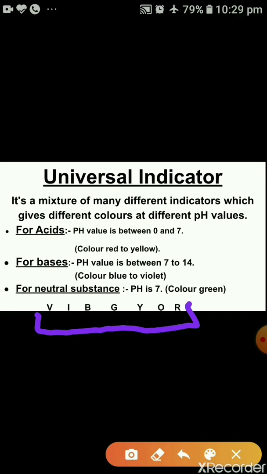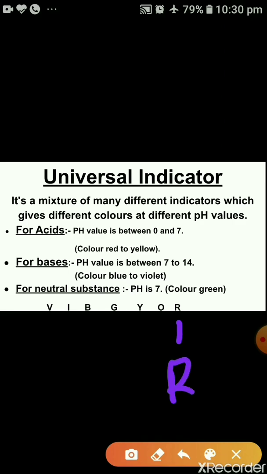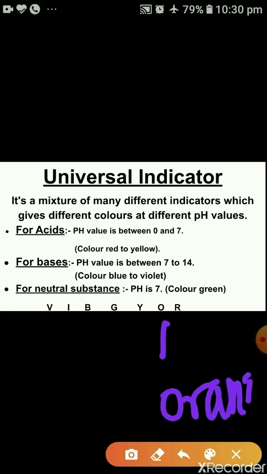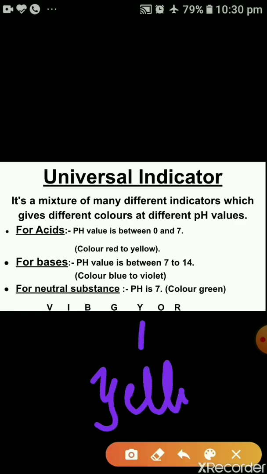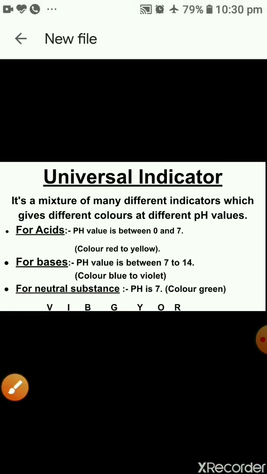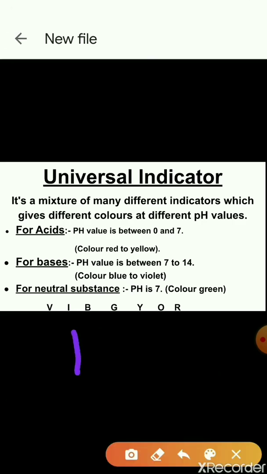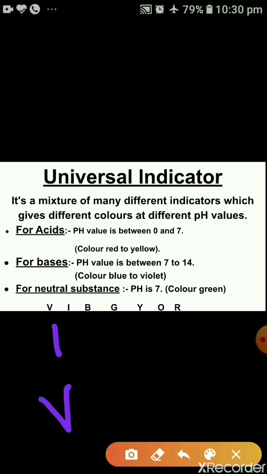I think you all know that a rainbow has 7 colors, and the pattern the rainbow has is VIBGYOR, where R stands for red, O stands for orange, Y stands for yellow, G stands for green, B stands for blue, I stands for indigo, and the last one is V, that is violet.